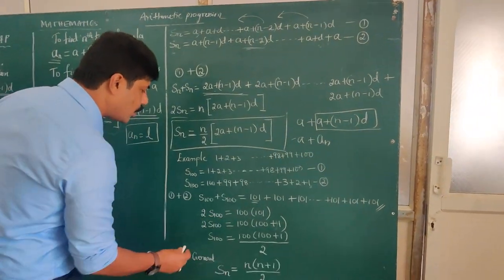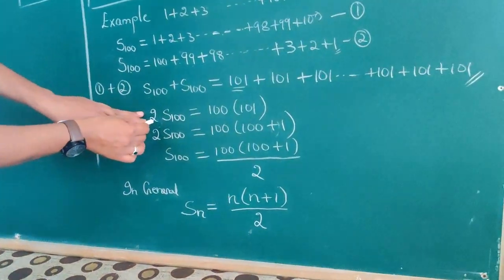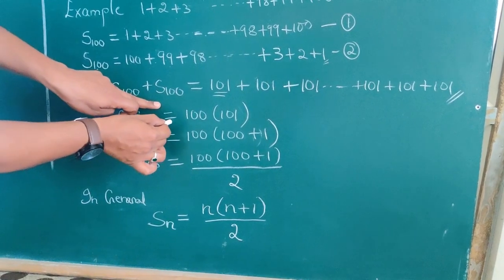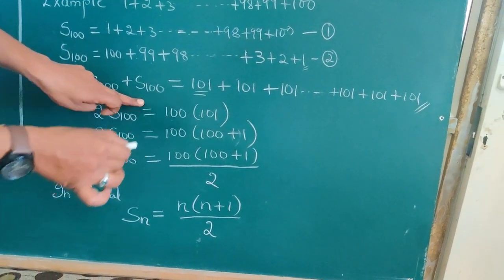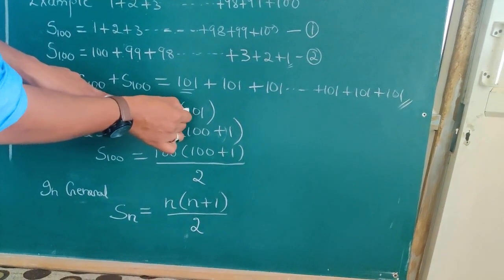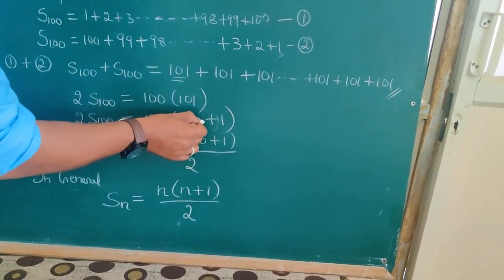So easily what you can do is S100 plus S100 is equal to 2 S100, which is equal to, how many times is 101 there? 100 times. Therefore, we write 100 into 101. This 101 can also be split as 100 plus 1.